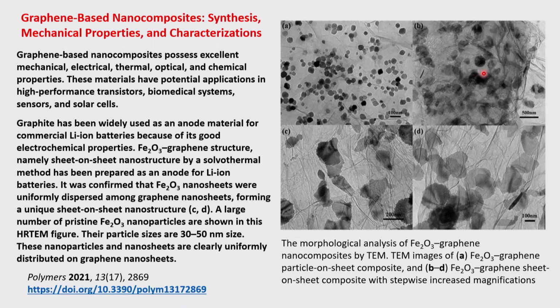From here to here, it is the same study, but the magnifications are different. Here this much size is 500 nanometers, and almost the same size is 200 nanometers, which means increased magnification. And a little more than half of that is 100 nanometers. So from B to C, C to D, there is an increase in the magnification.